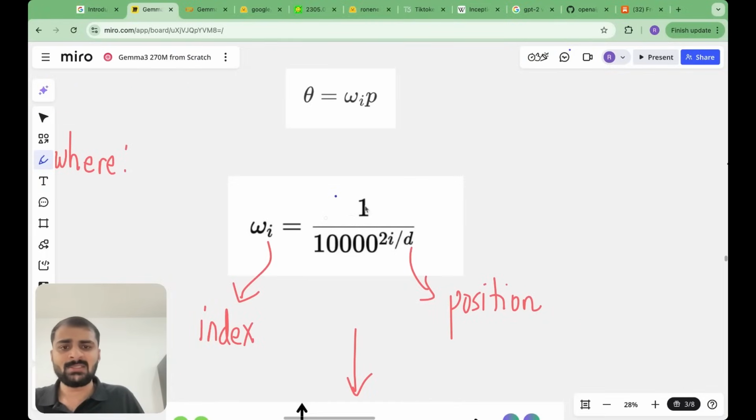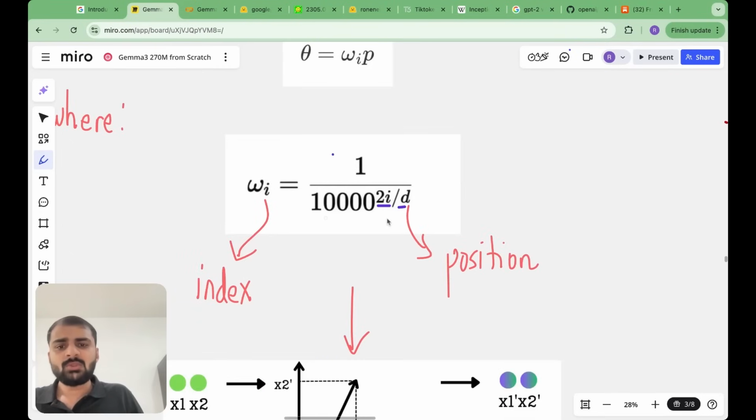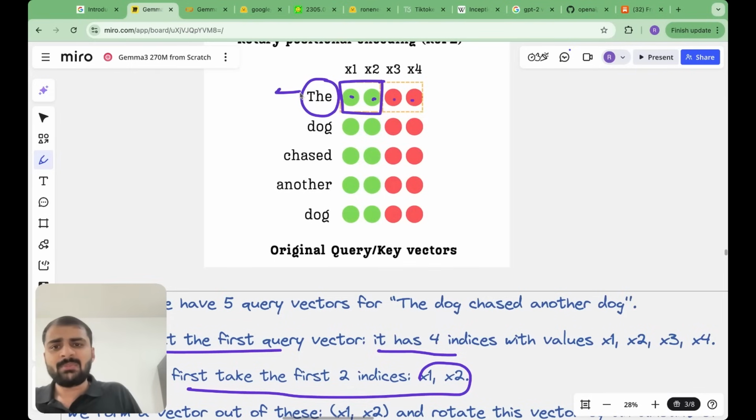How much do we rotate this vector? That's given by 1 divided by 10,000 raised to 2i divided by d. What is i? So this is position number 1, 2, 3, and 4, and d is the position, and i is actually the index. "The" comes at position number 1, "dog" comes at position number 2, then 3, then 4, and this last "dog" comes at position number 5.